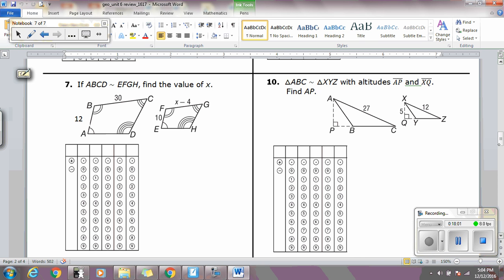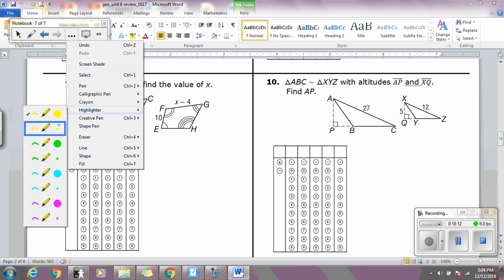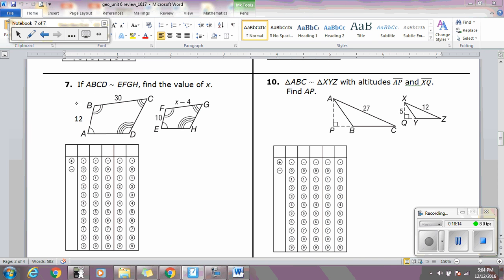All right, number 7 tells us that ABCD is similar to EFGH. I like color, so I'm going to go ahead and highlight the proportional sides. So BC is like FG. Reason being, if you look at the angle markings, angle B and angle F are congruent, angle C and angle G are congruent.